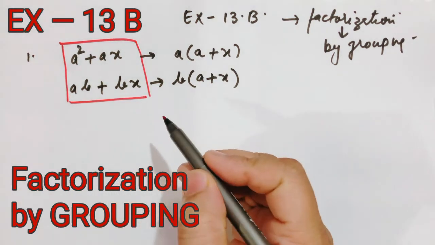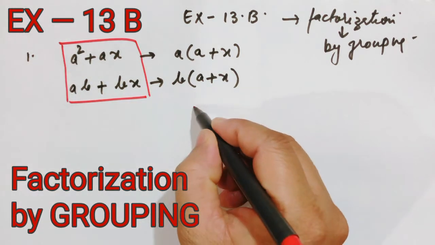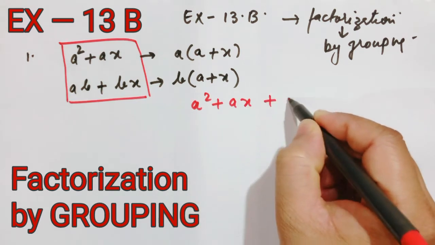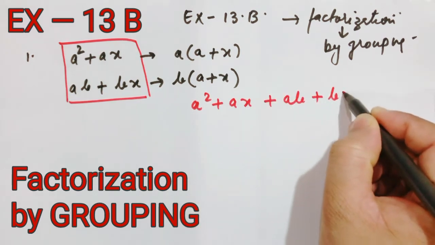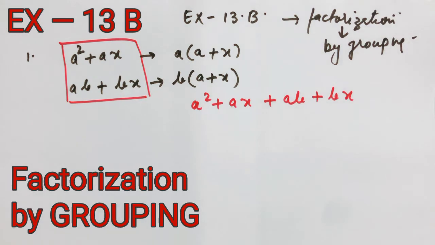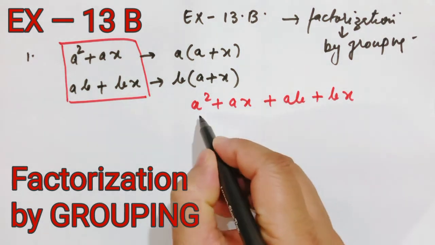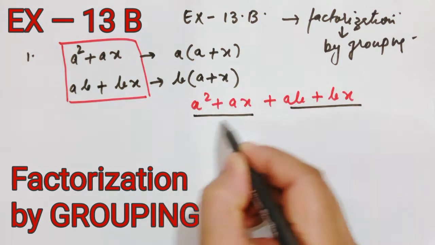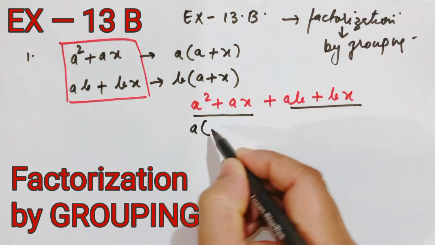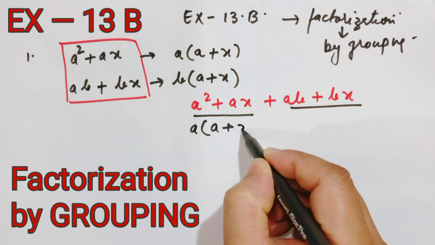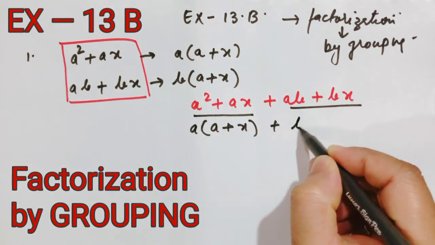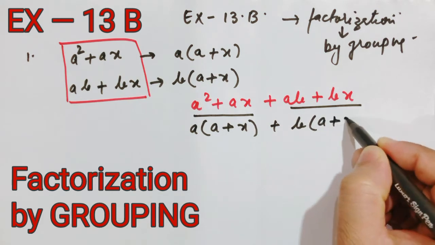Now what they have done in this exercise is that they have combined these two, meaning they have given you a square plus ax plus ab plus bx. You already know that when you take out the HCF from these two, a, you get a plus x, and from the other two you get a plus x.